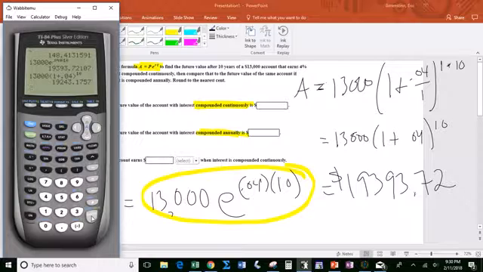So $19,243 and about 18 cents. So we see about approximately $150 difference. In part C in this problem, you'll say the account earns, you have to subtract these two numbers, your answers from part A and B, to get the difference.